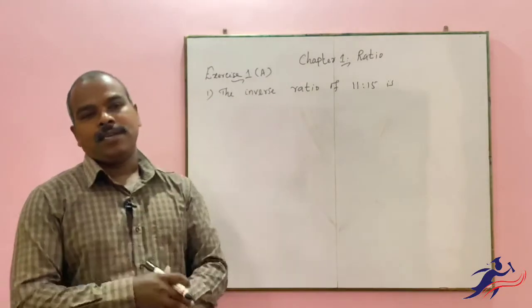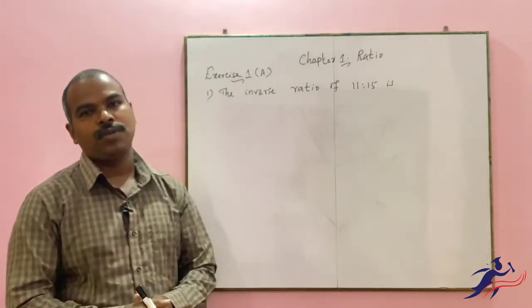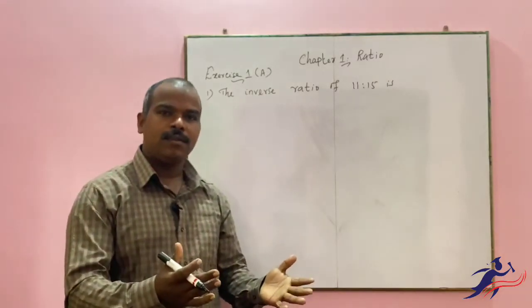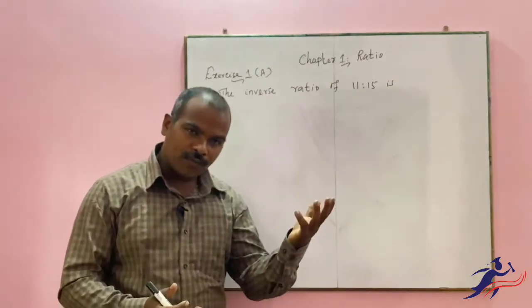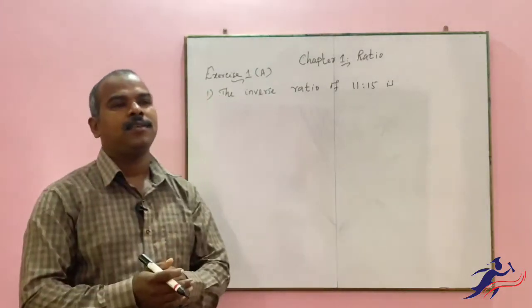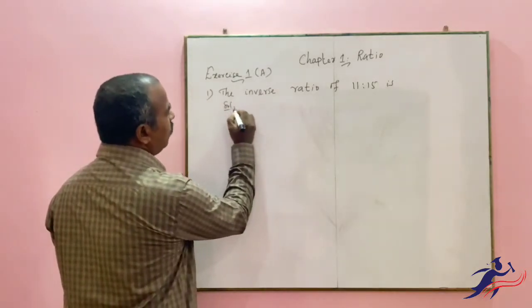So we already studied inverse ratio. What is inverse ratio? If A is to B is a given ratio, then the inverse ratio of A is to B is B is to A. So listen carefully.